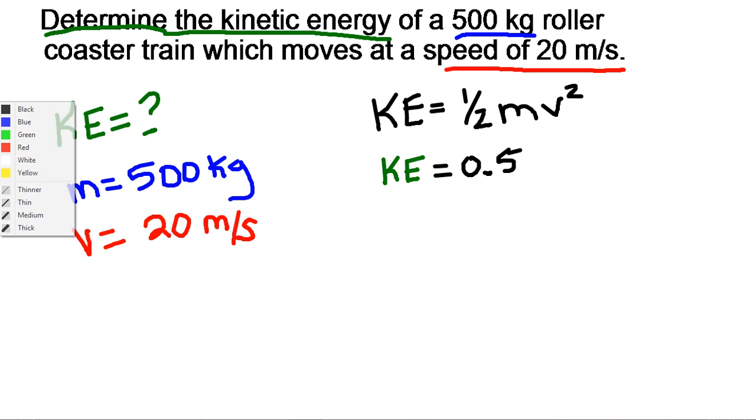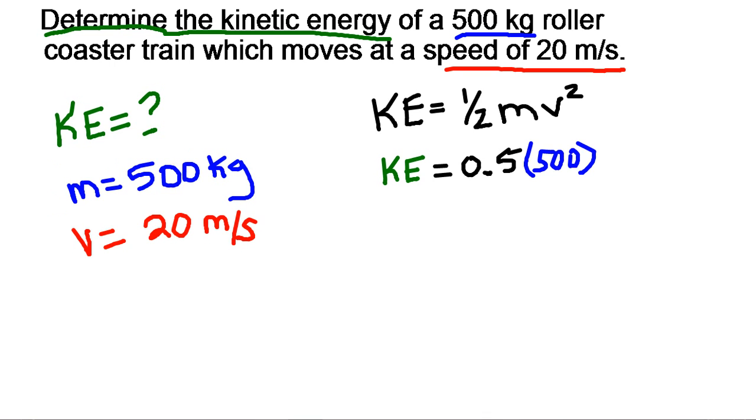My mass is 500. And my velocity is 20. And remember that because there's that little squared there, I need to multiply times 20 twice. So I'm going to enter these numbers directly into my calculator.